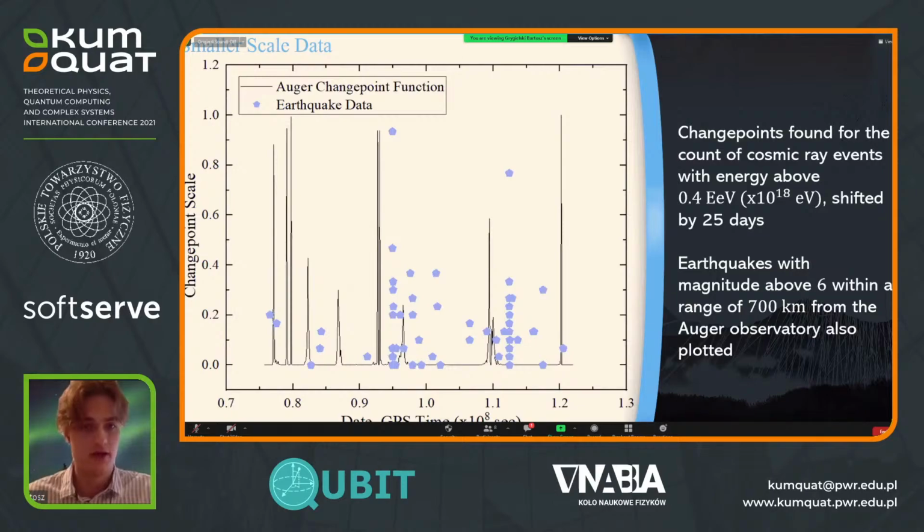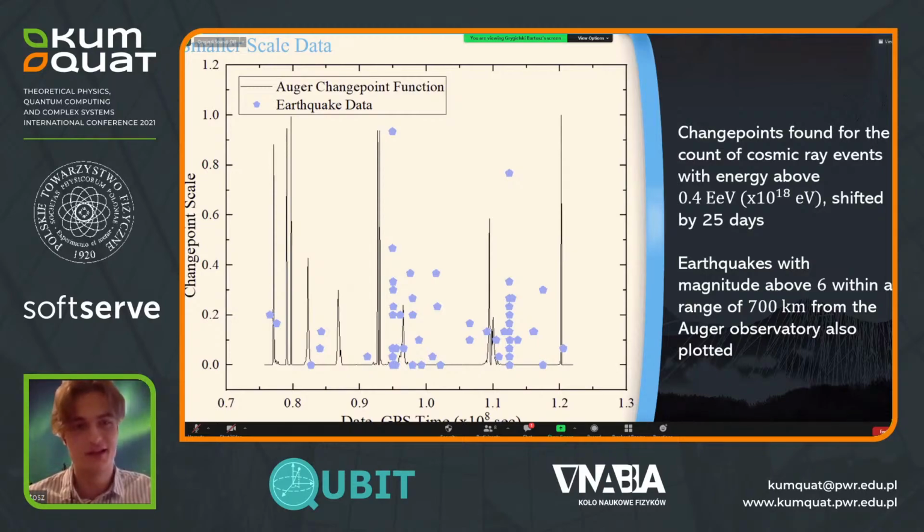And so we started to look at only energies above 0.4 exa-electron volts, with the shift, obviously, because we're working in that framework from now on. And roughly found that it doesn't really tell us that much. So we had to make another analysis.